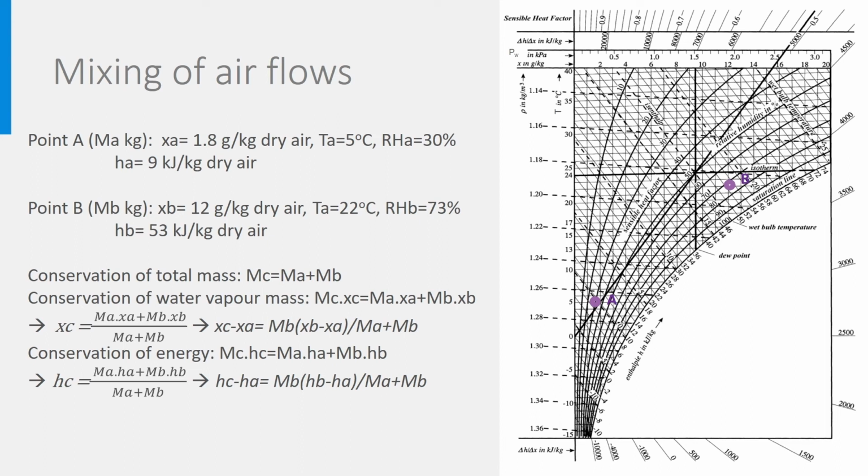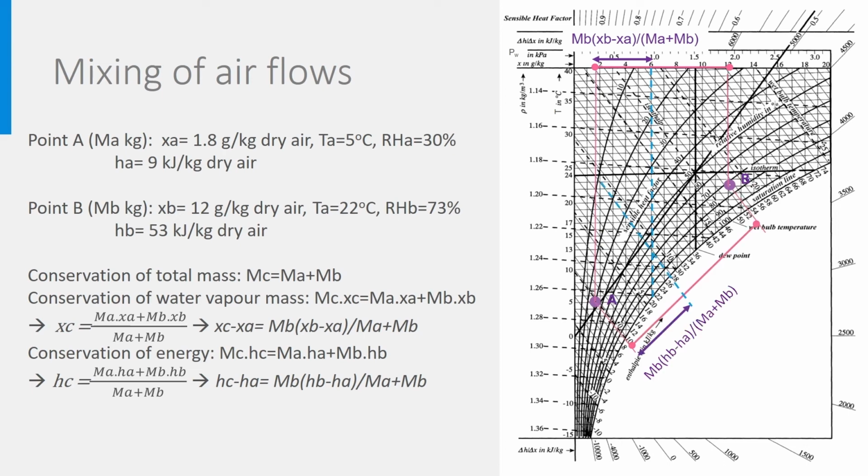Here is the line XA minus XB. The barycenter is then given by the distance from point A, MB times XB minus XA divided by MA plus MB, that you see here on a fictive example, meaning that in this fictive example, XC is located on the blue line. We do the same with the enthalpy, by which we can draw this second blue line.